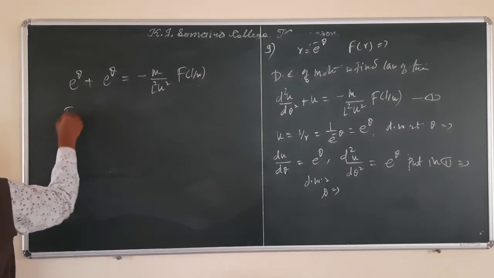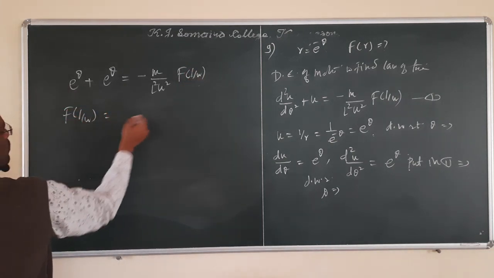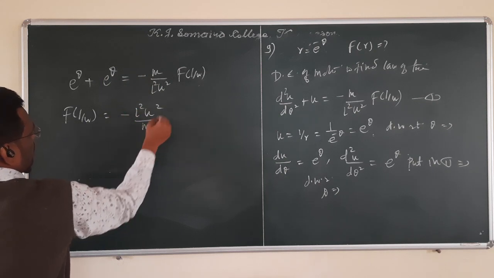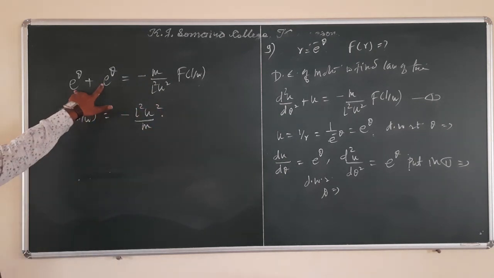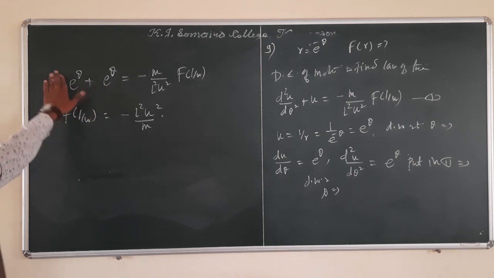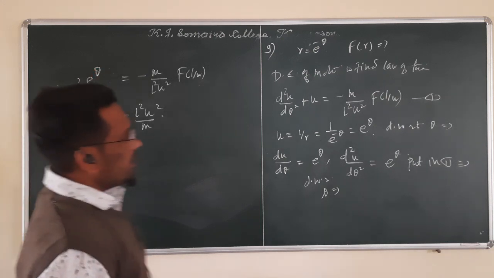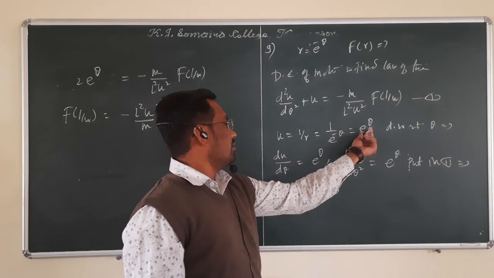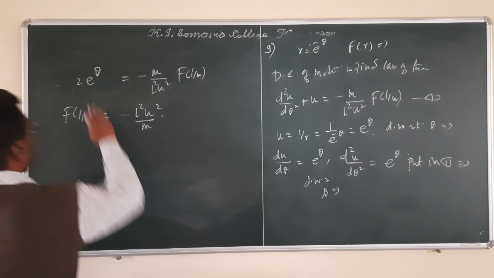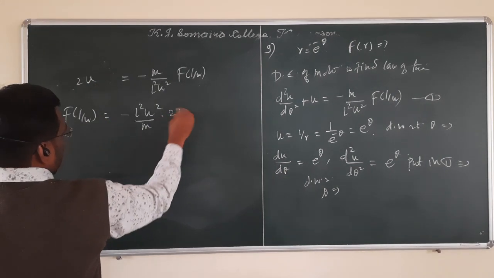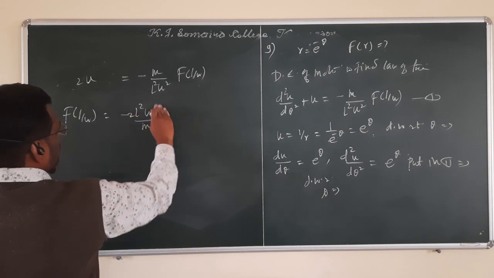So from this equation f of 1 over u is equal to, if you take this term on the right hand side, l square u square upon u multiplied by e raised to theta, e raised to theta. So this will become 2 into e raised to theta. But e raised to theta is nothing but u. So this term is 2 times u. So this is 2 into u cube.